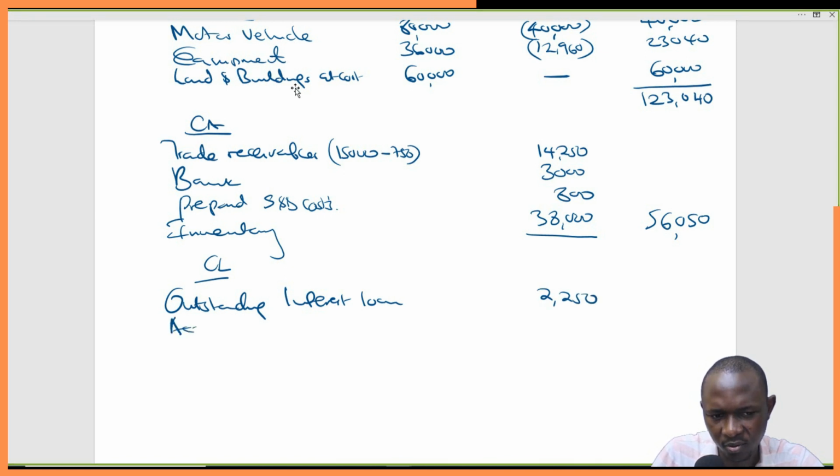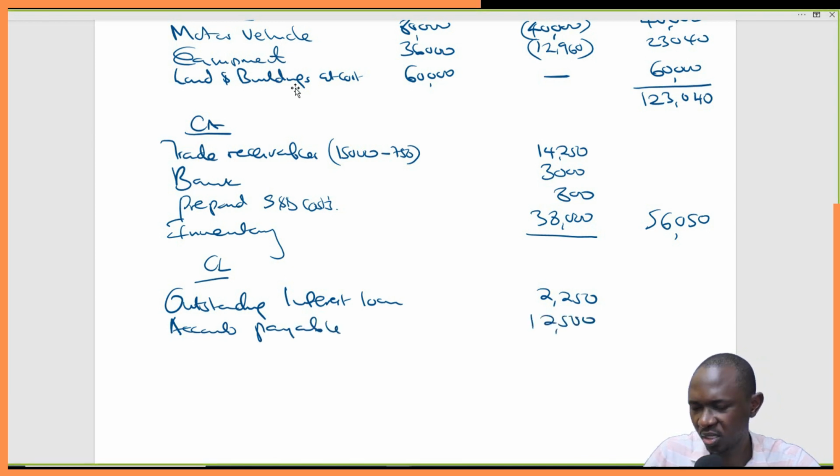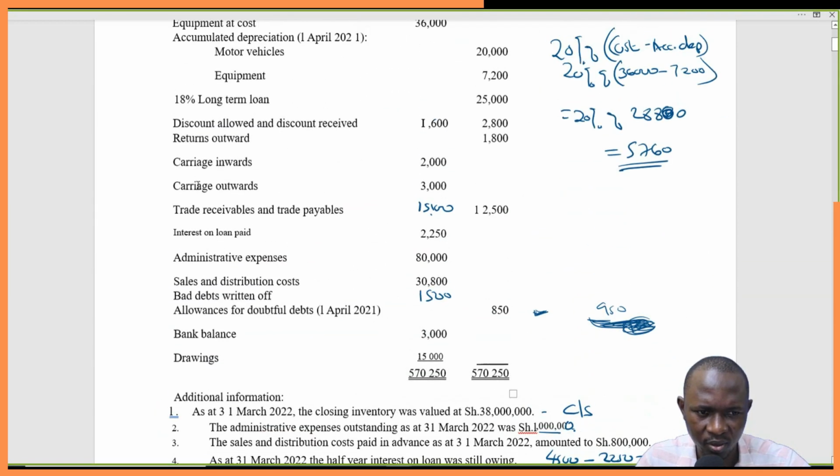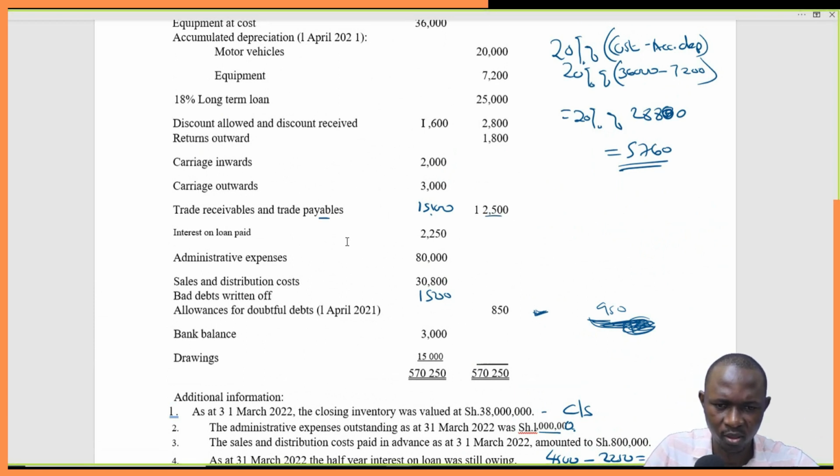And then we have accounts payable, 12,500. I'm picking these figures right from the question. Trade payables are here, 12,500.